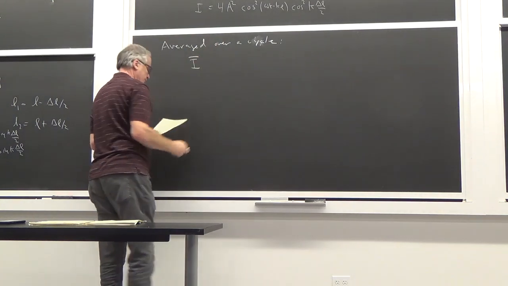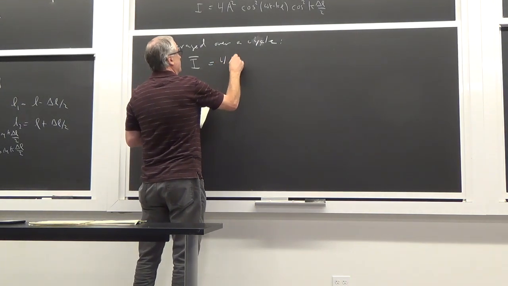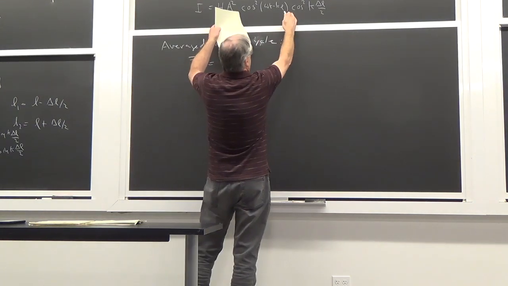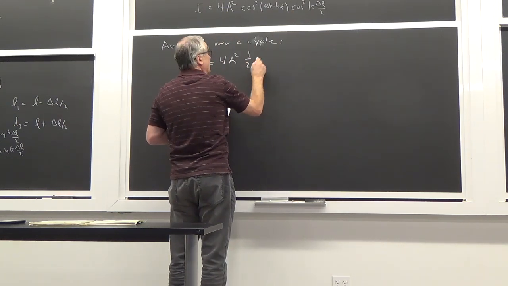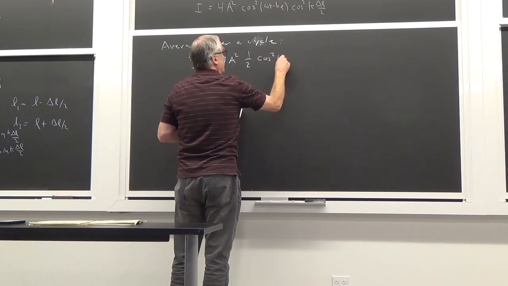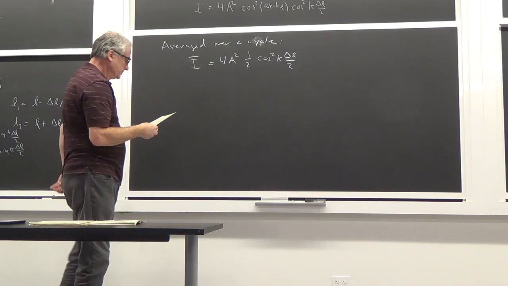We'll denote that average with a bar over the I. And so that's just going to be 4a squared, and averaged over a cycle this gives us a factor of a half, and then we have the cosine squared of k delta L over 2.